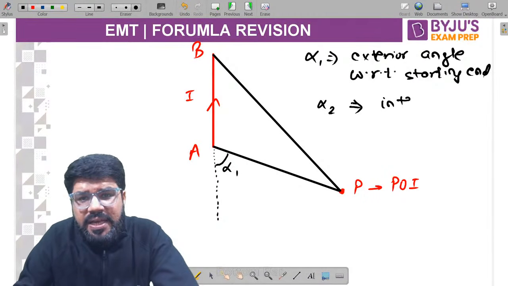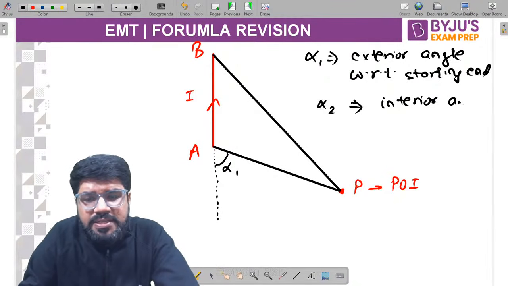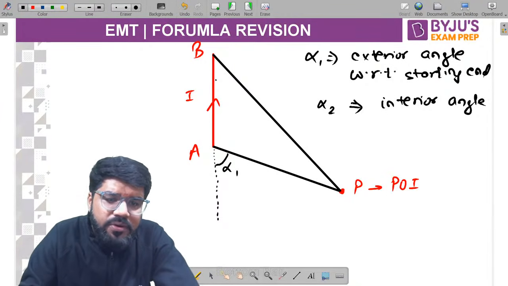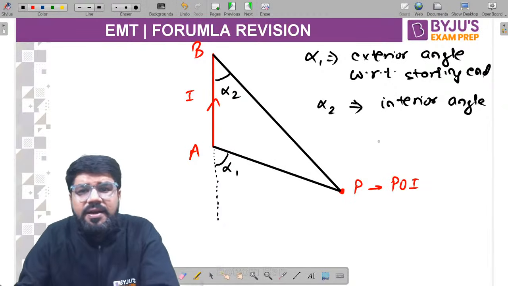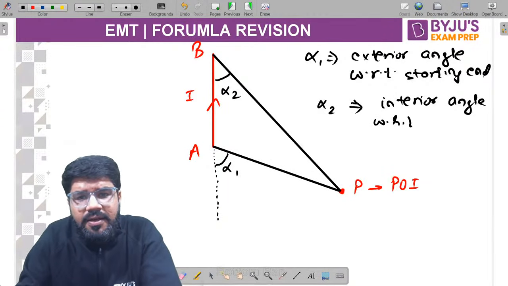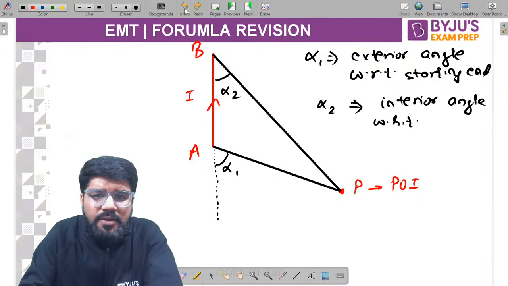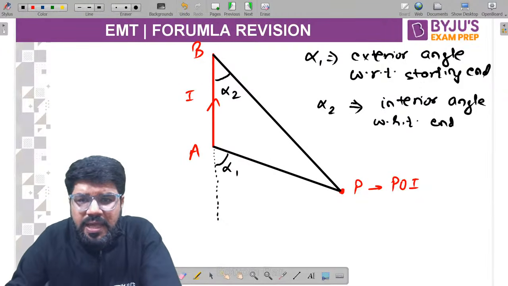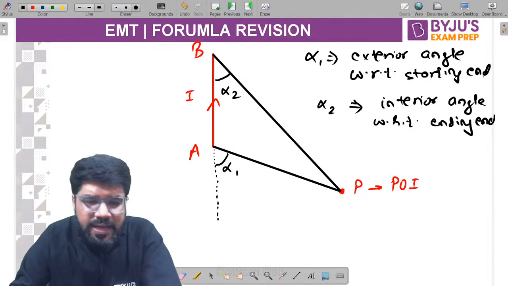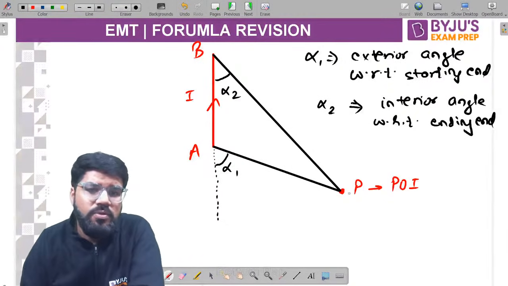Alpha 2 is known as the interior angle. Alpha 2 will be measured as the interior angle with respect to the ending, terminating end. Ending means where the current ends. The current is flowing from the point A to the point B.